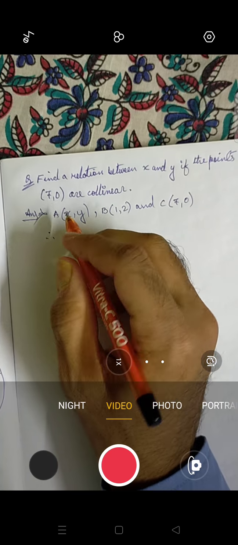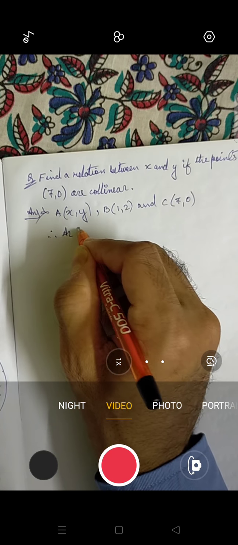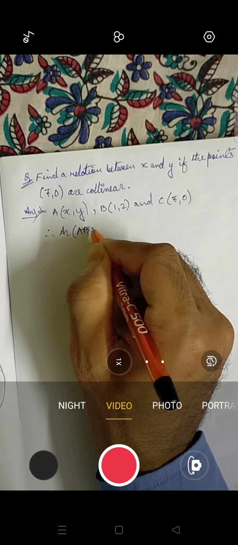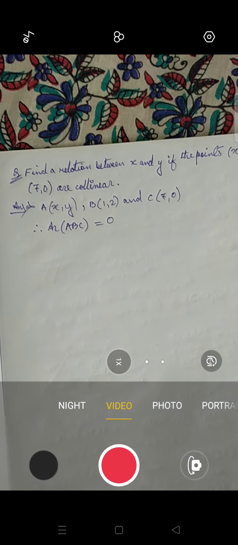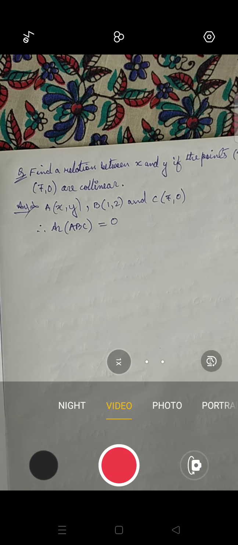Therefore, area of triangle ABC equals 0, because for collinear points the area is 0, correct?